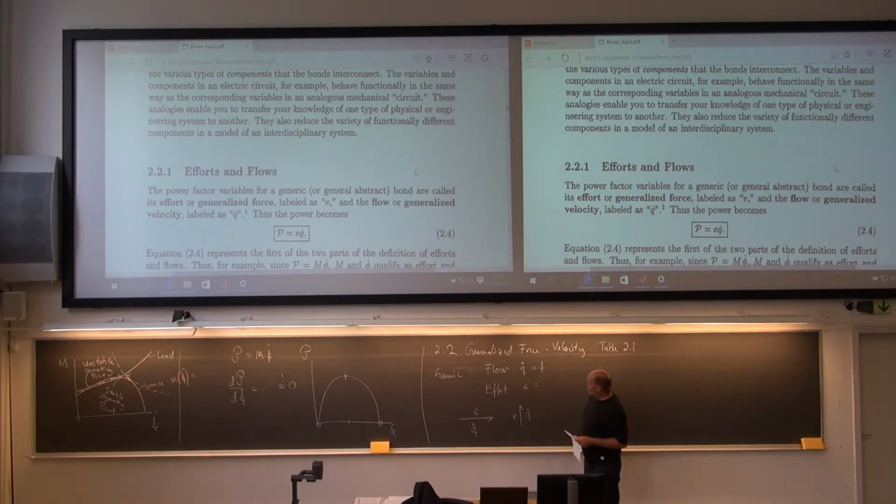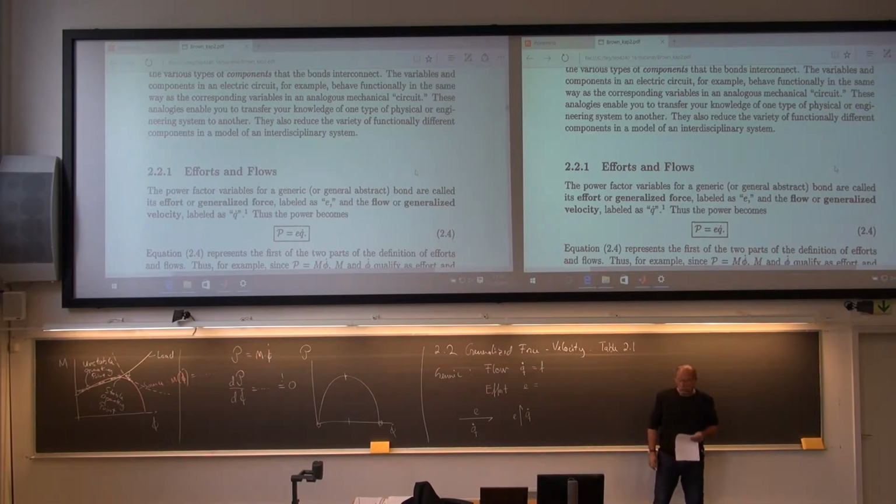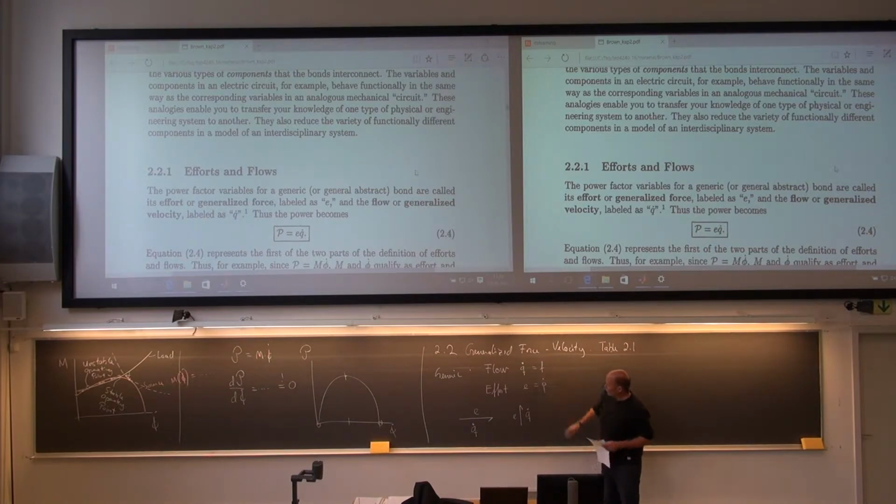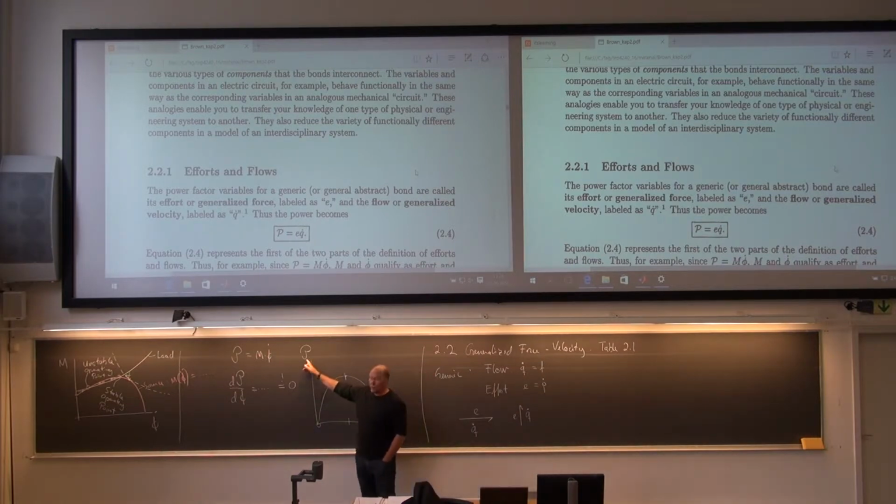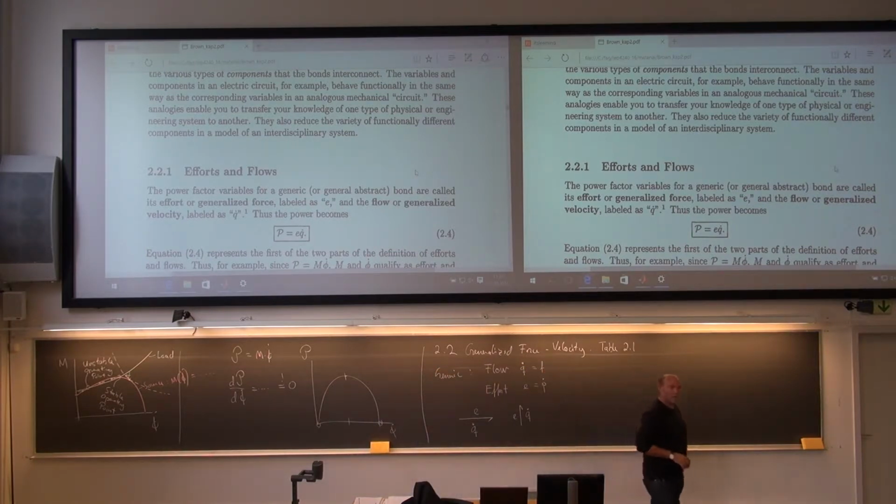This effort, some people also use here a small p with a dot above. Now don't mix the symbols. This large curly P is power, something else. Small p here is something else.